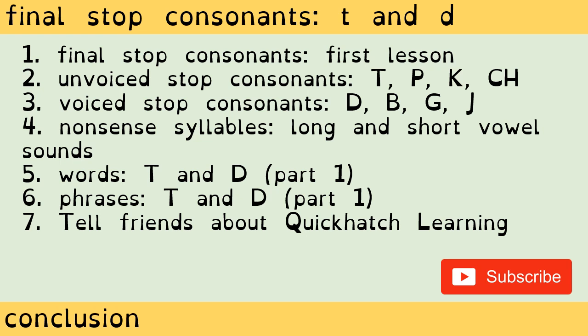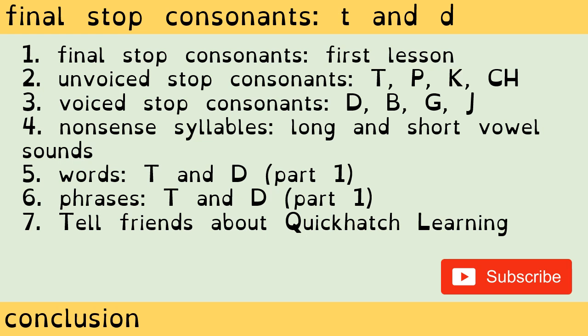Unvoiced stop consonants. T, P, K, CH. The unvoiced stop consonants are T, P, K, and CH. We practiced these sounds after long and short vowels.